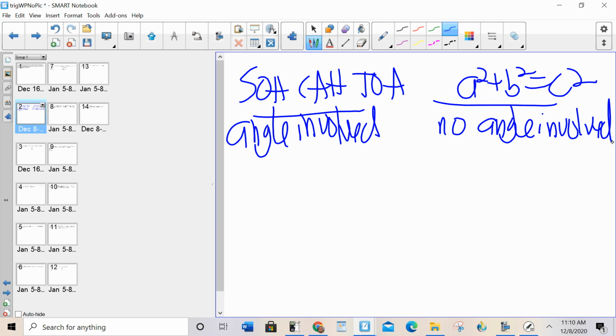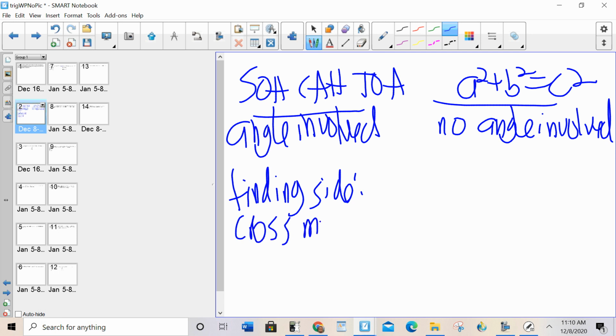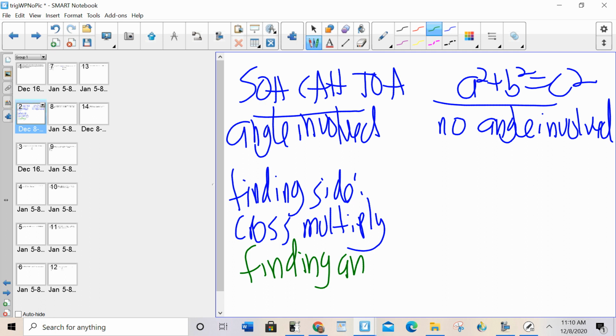There's two types of SOHCAHTOA problems. If you're finding a side, then we're going to cross multiply. And when you're finding an angle, you're going to do inverse sine, inverse cosine, inverse tan.